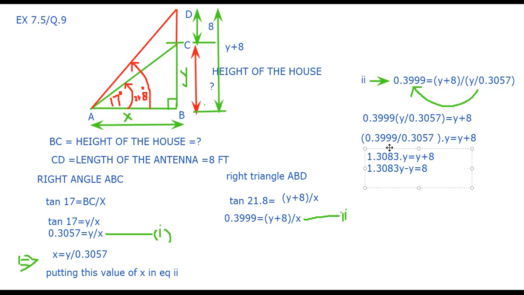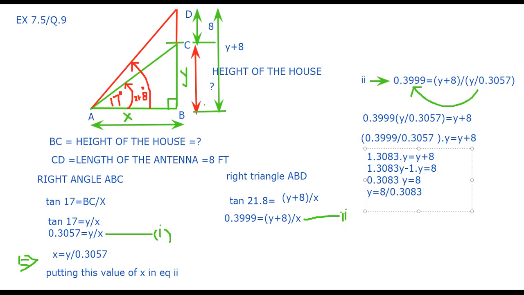Subtracting 1 times y, which I have shifted from the right side, from 1.3083 times y, the answer in the next step will become 0.3083 times y equals 8, and then y equals 8 divided by 0.3083.